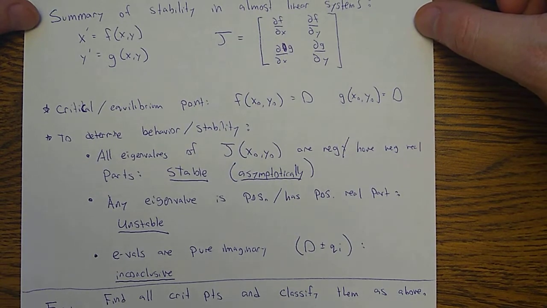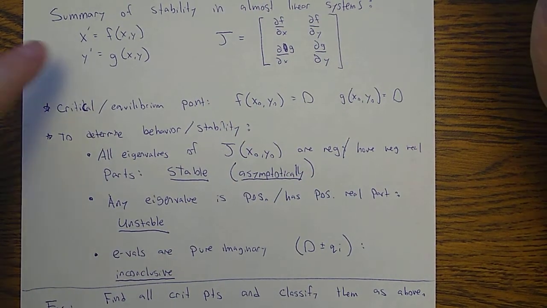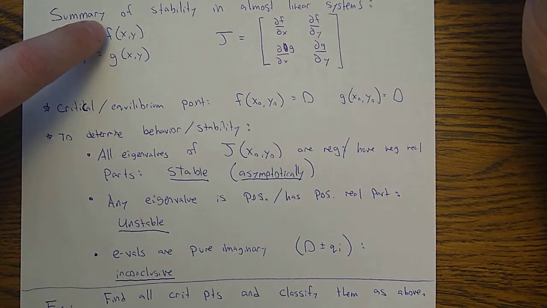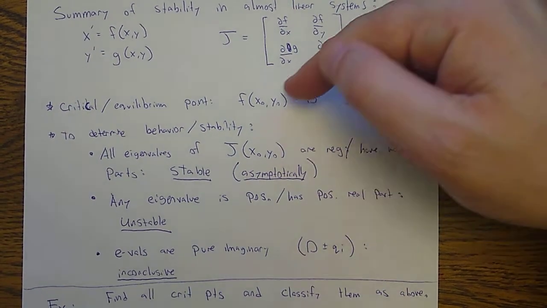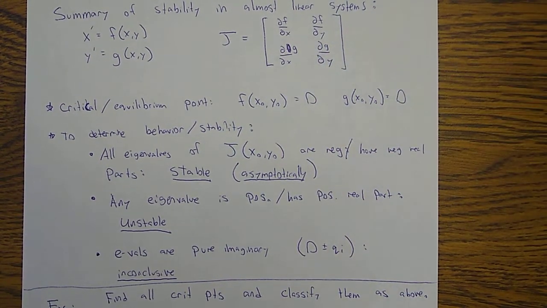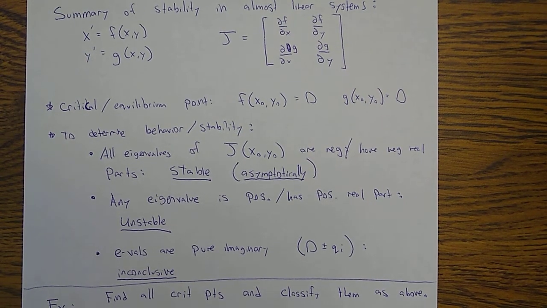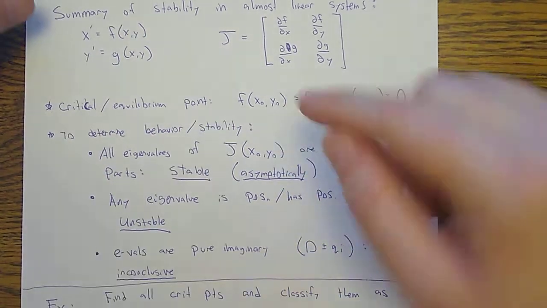So if you recall, a critical point or an equilibrium point is where x prime is 0 and y prime is 0. So in other words, this is 0 and this is 0. And then to determine whether such a point is stable or unstable, what you do is you find the eigenvalues of the Jacobian at that point.